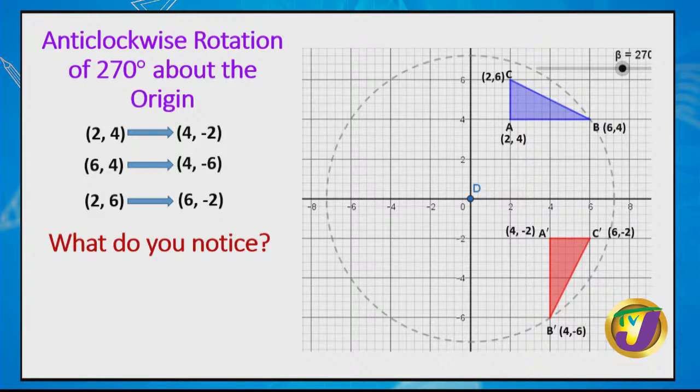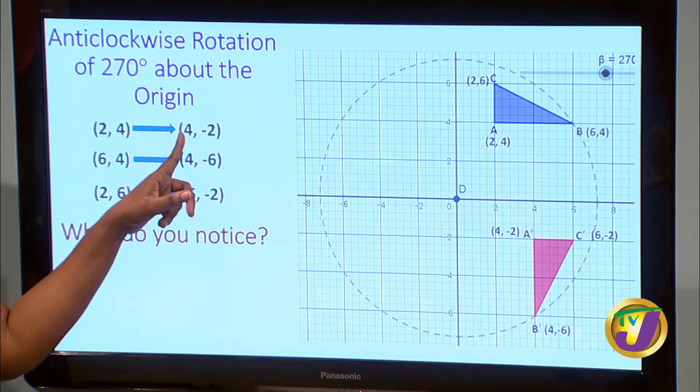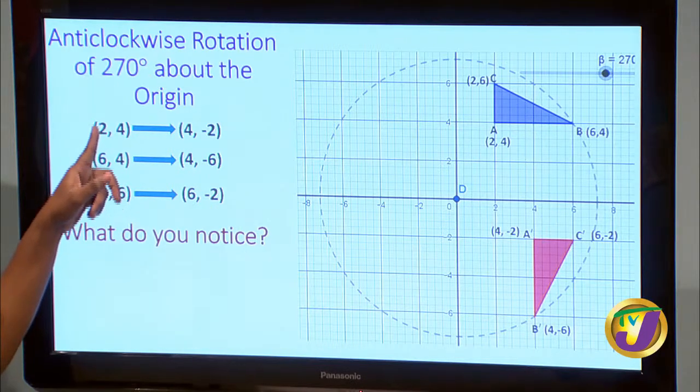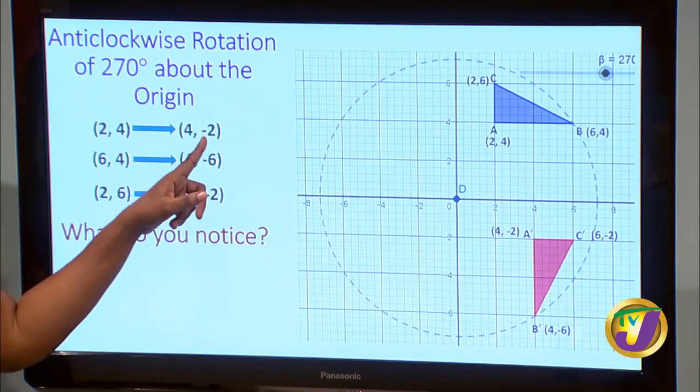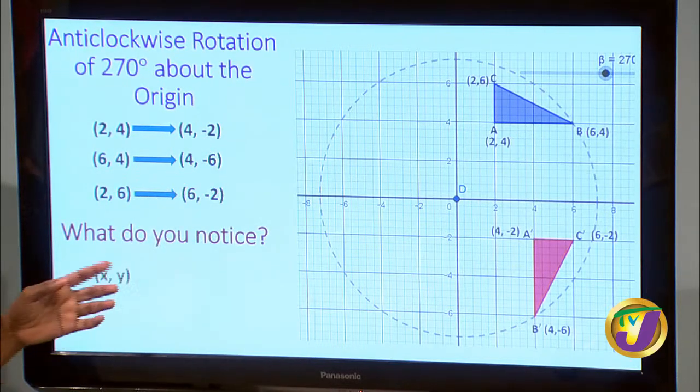But not just that, I'm also seeing that the sign is opposite: the negative of the x value is the y value of the image. So we had (2, 4), and the y value of 4 is now my x value. The 2, which was my x value, is now my y value, but it's the negative, or the opposite, of it. Great observations.